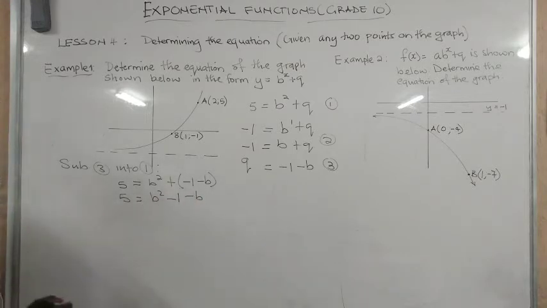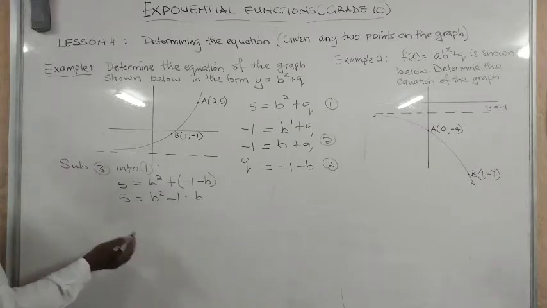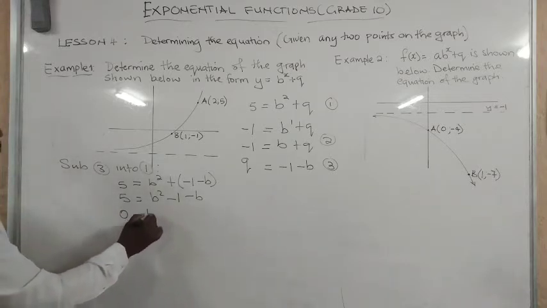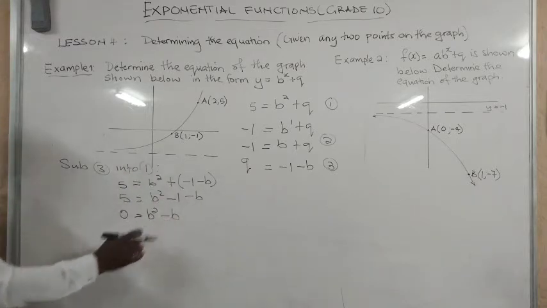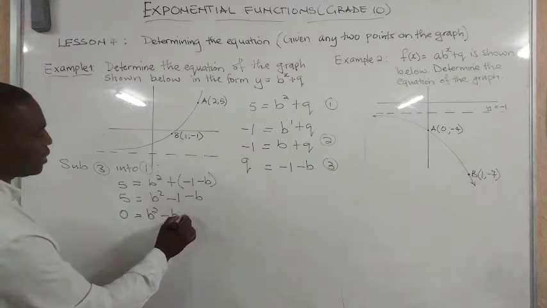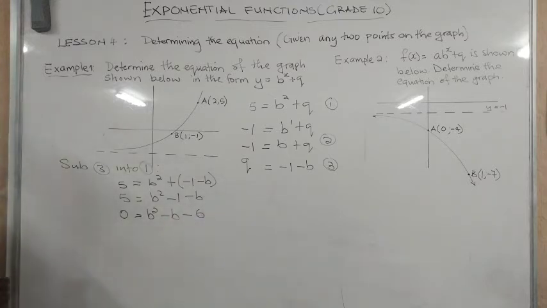So what we see here is a quadratic equation, so we just need to rearrange. That means on one side it should be 0, b squared minus b. The 5 becomes minus 5, that will be negative 6.